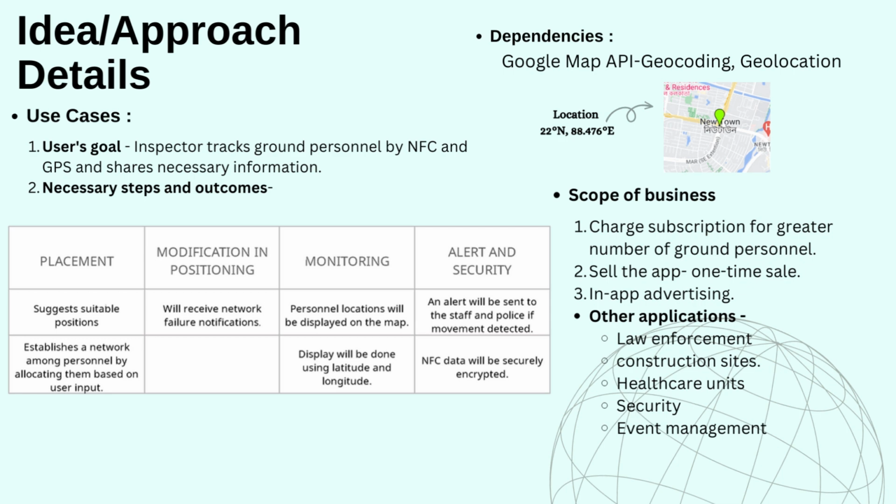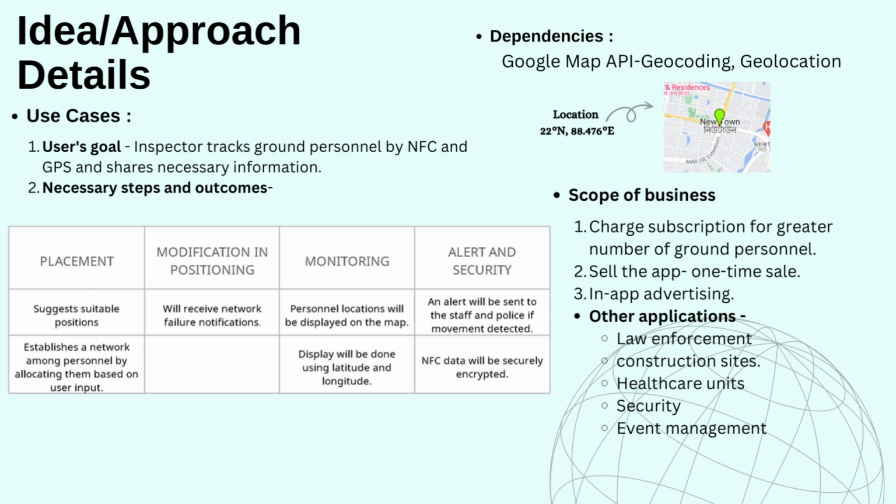Next is the modification in positioning. If a modification in the position allotment of any personnel is required, one can do that manually and the app would send notifications in case the network breaks. Next is monitoring. The location, that is the latitude and longitude, of each personnel will be constantly shown on the map.